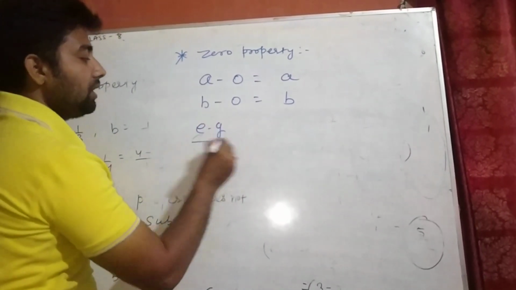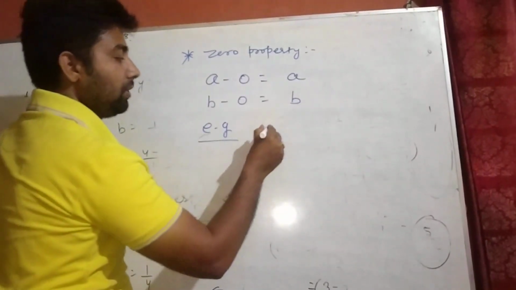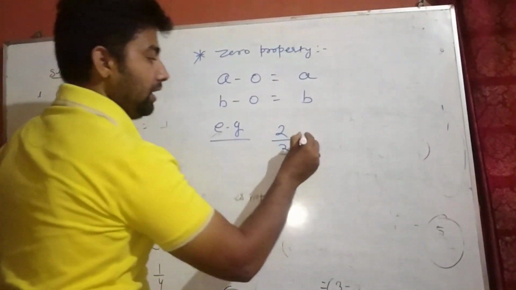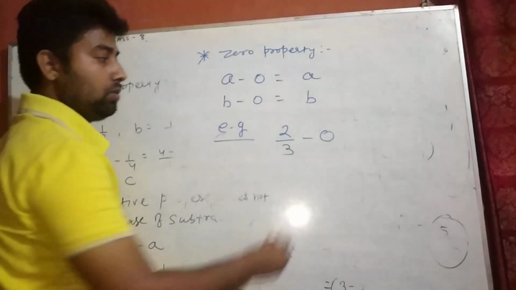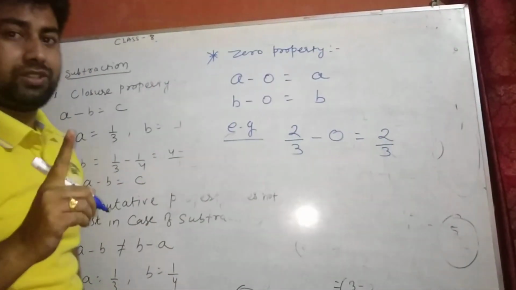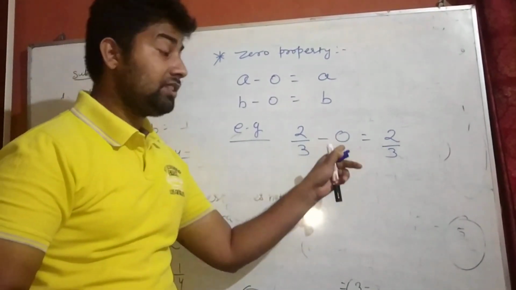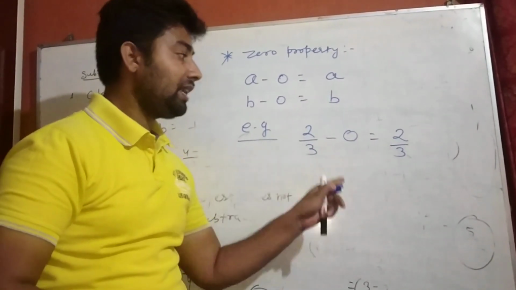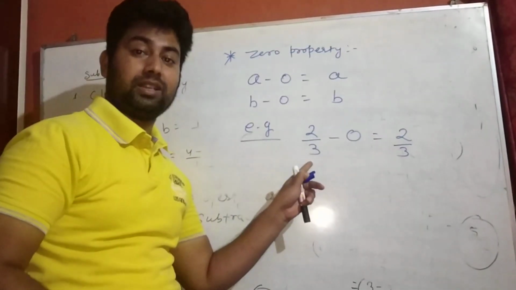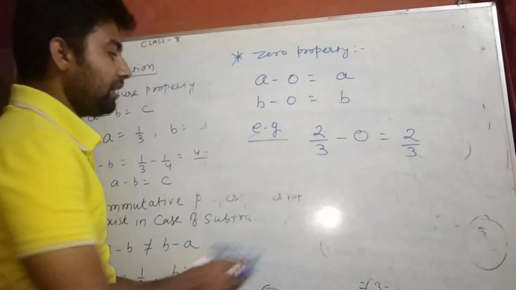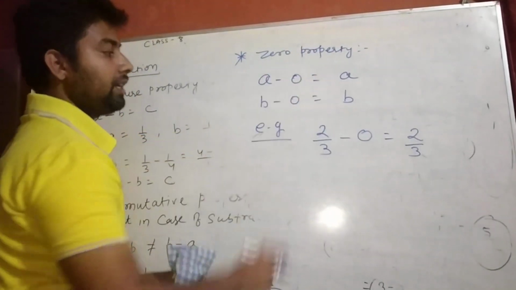For example, if I take a rational number 2 by 3 and subtract 0 from it, the result will be the same, 2 by 3. Remember student, we subtract 0 from the rational number, then the result will be the same. So this property is called the zero property of rational numbers.